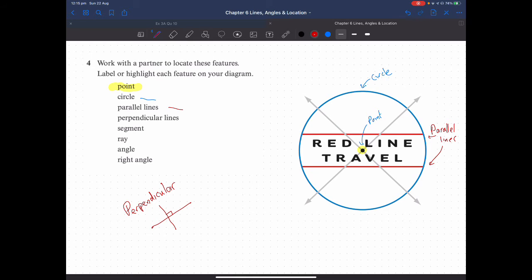If we look at the grey lines, they cross each other at a right angle. A right angle is 90 degrees. So I'm going to indicate this using a green highlighter.